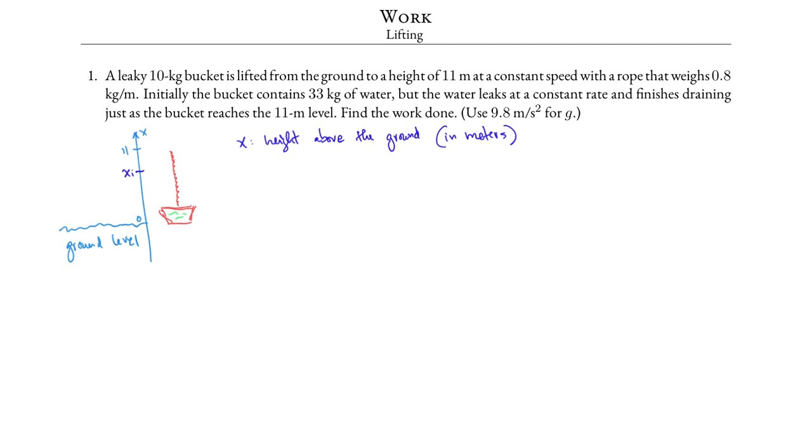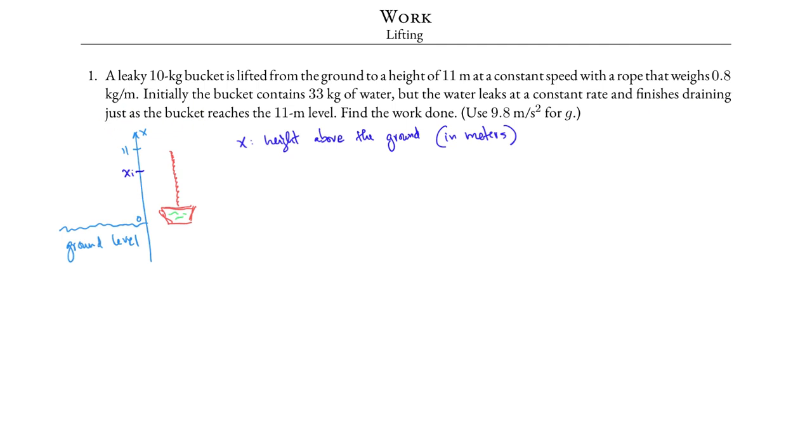And that is because even though the bucket has a constant mass of 10 kilograms, the mass of the water inside the bucket is not constant. Initially the mass of the water is 33 kilograms, but when the bucket gets all the way to the top at the 11-meter level, the mass of the water is now 0 kilograms because the water finishes draining completely.